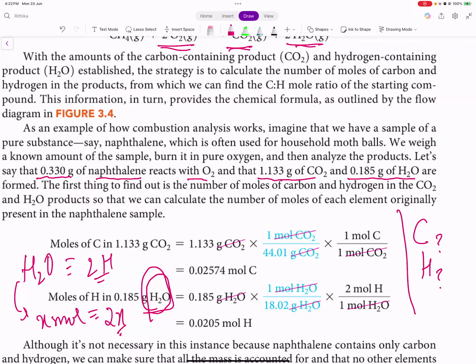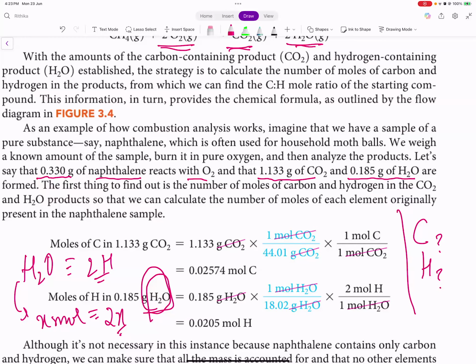We'll calculate the moles of CO2, and the moles of CO2 will be the same as the moles of C. So from CO2 we are getting the moles of C; they will be equal. And from the moles of H2O, I'm going to get the moles of H. So first I calculate the moles of H2O, 0.85 gram divided by 18.